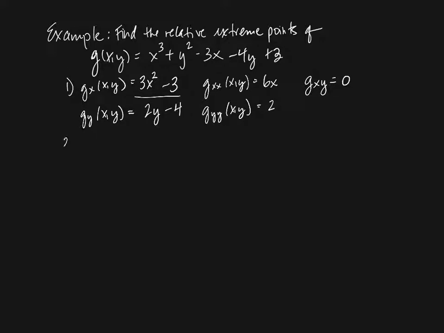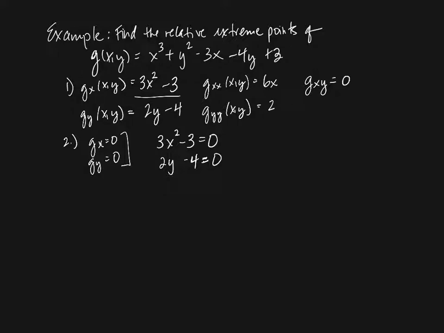All right, so step 2 is we need to solve the system of equations. g sub x is 0, g sub y is 0, right? So let's set that up. 3x squared minus 3 equals 0, and 2y minus 4 equals 0. Okay, well notice the first one is independent of y and the second one is independent of x.